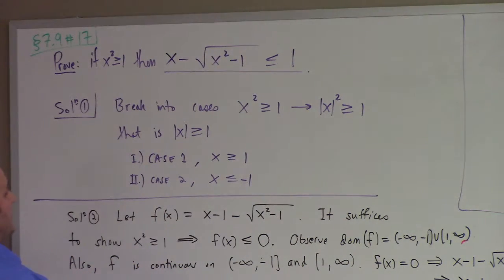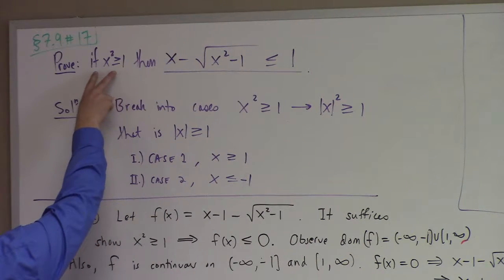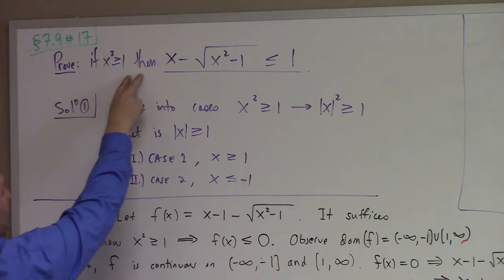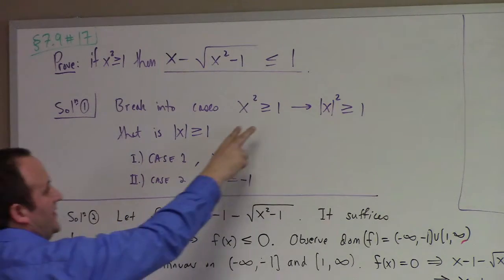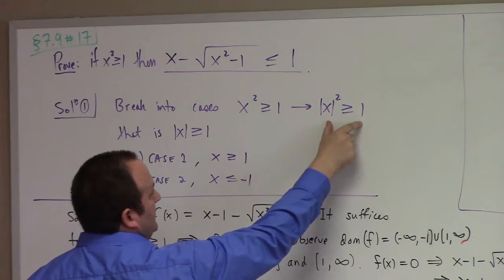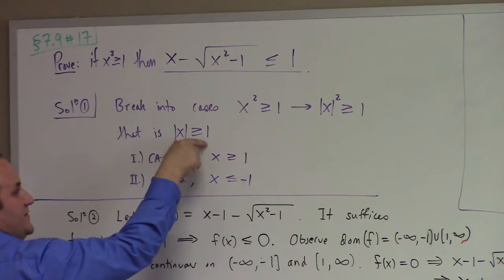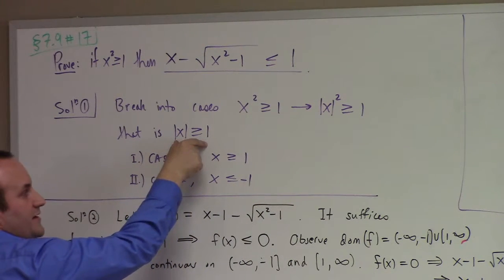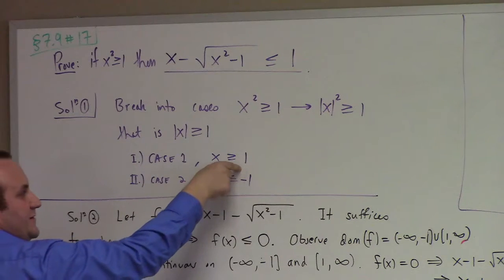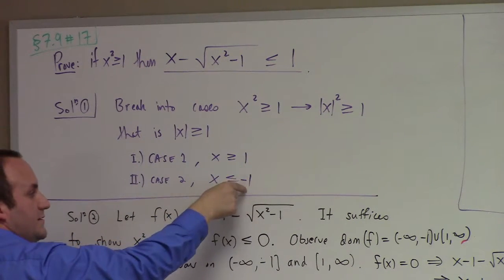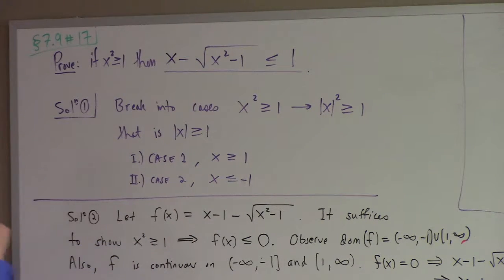So the first, somewhat unenlightened solution would be something like: if you're supposed to prove that if x squared is greater than or equal to 1, then this inequality follows. If you look at that and break it into cases, what you have is that the absolute value of x squared is greater than or equal to 1, and from that it follows that the absolute value of x is greater than or equal to 1. But that gives us two cases: x is greater than or equal to 1, or x is less than or equal to minus 1.